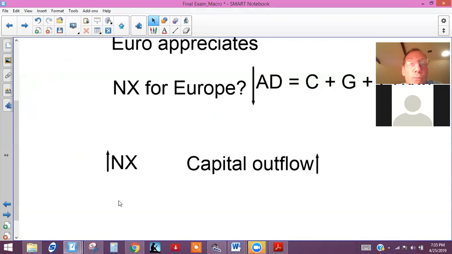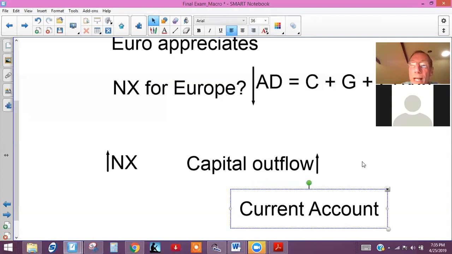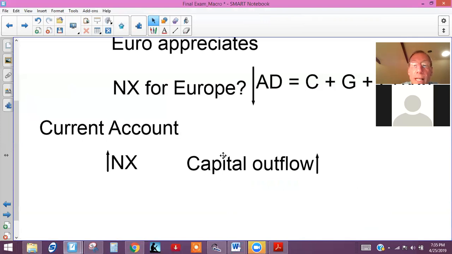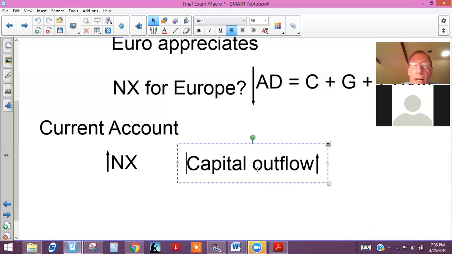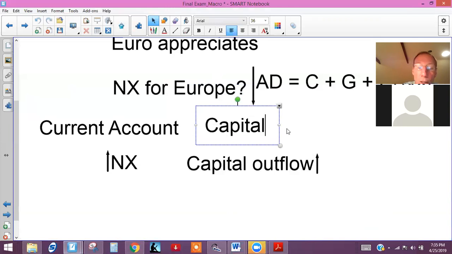So if we're exporting more than we're importing, then we have a positive trade balance. If they're equal, then it's balanced, right? But if we have a positive trade balance, then we have a surplus in our current account. And if we have a surplus in our current account, we have to have a deficit in our financial account, because they have to equal zero. So they go opposite.